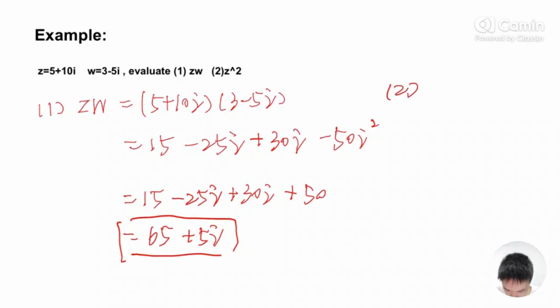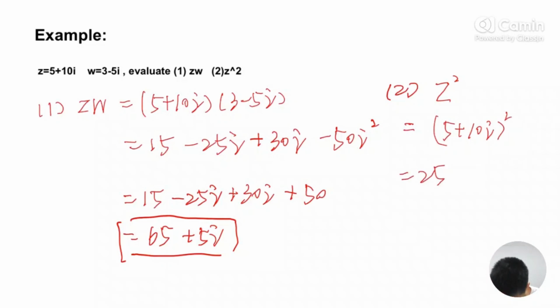And the second one, z squared. It equals minus 75 plus 100i.